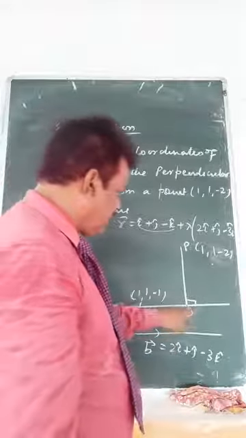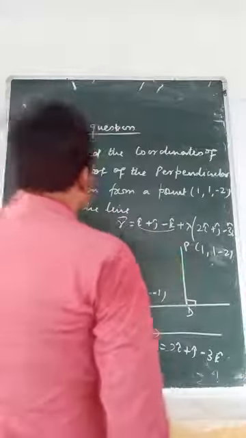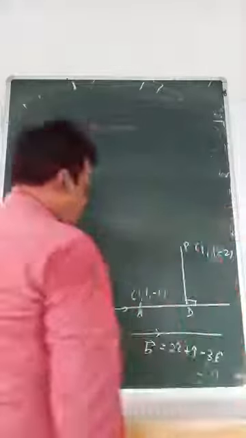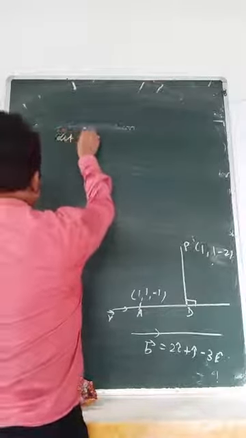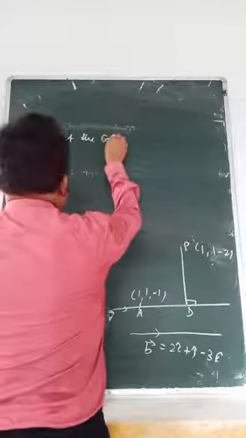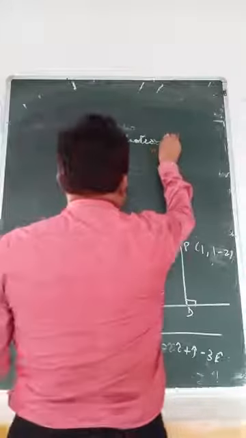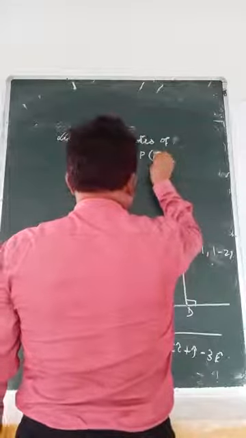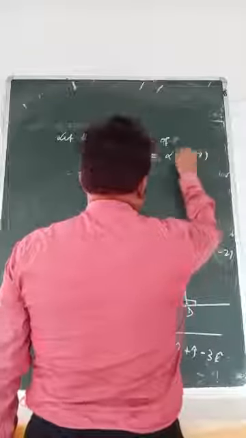Suppose the coordinates of D are alpha, beta, gamma.